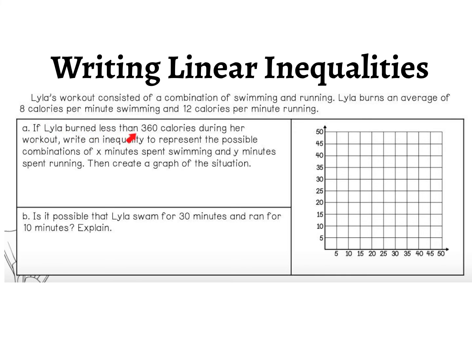If Lila burned less than 360 calories in her workout, less than being my key word that I will go back to in a minute, write an inequality that represents the possible combinations of minutes x she spent swimming and y that she spent running. Then create a graph of the situation.